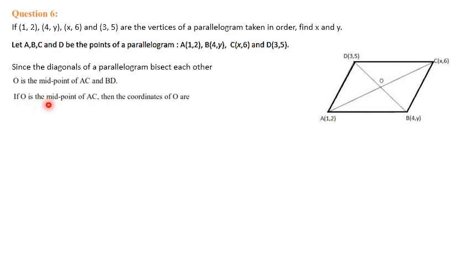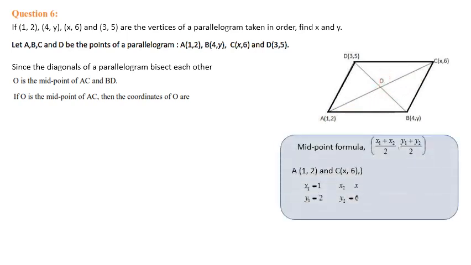First case, if O is the midpoint of AC, then by using AC, we have to calculate the coordinates of O. O is the midpoint. Midpoint formula we know: (x1 plus x2)/2, (y1 plus y2)/2. I am taking first AC. So from A, I can write x1 is 1, y1 is 2. From C, I can write x2 is x, y2 is 6.